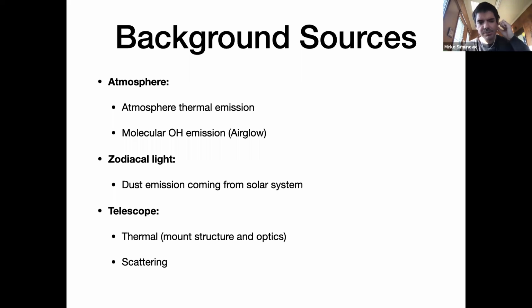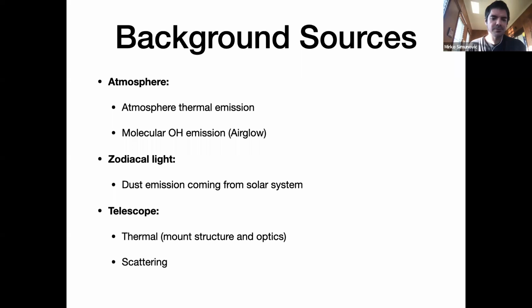On top of that, we also have the zodiacal light, which is just particles that are floating around in space. And these particles get charged and also emit radiation. So this is also another background source. And of course, the telescope itself has a temperature also.